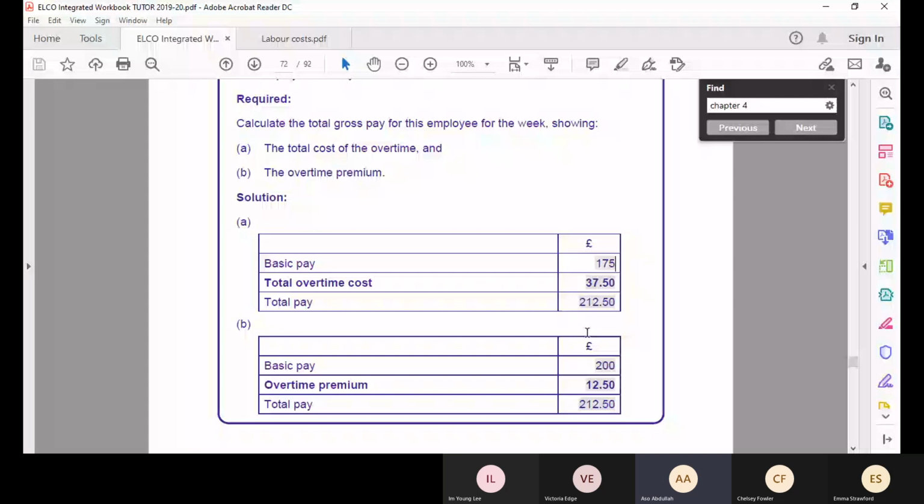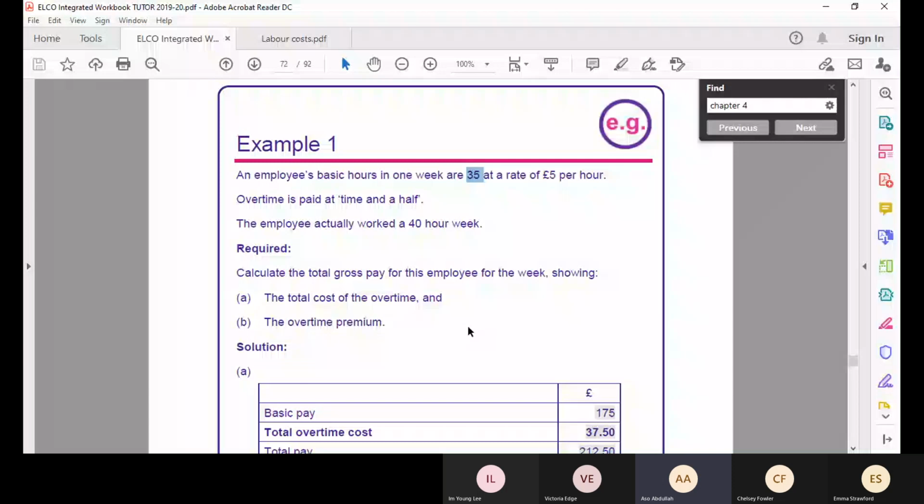This employee is working 40 hours and the contracted hour is 35 hours a week, and any overtime they will pay at time and a half. So the question is asking you to calculate the basic rate and the overtime.